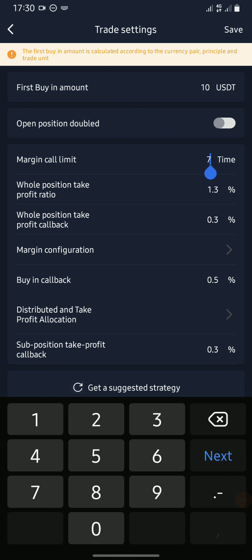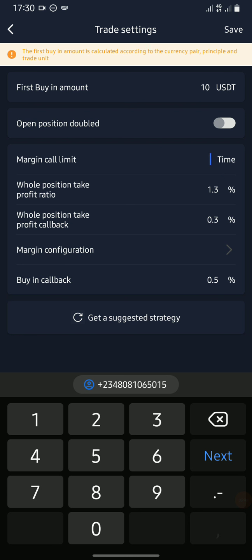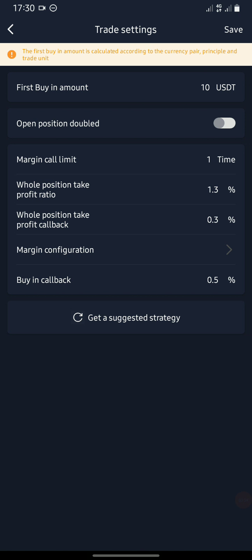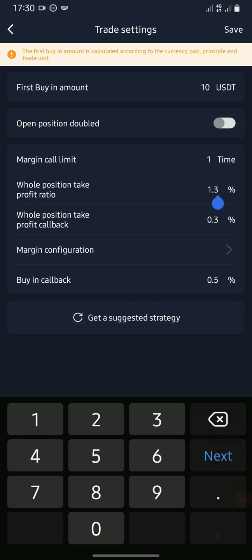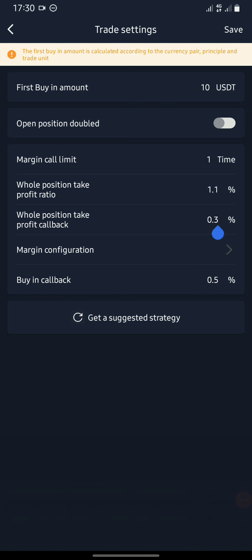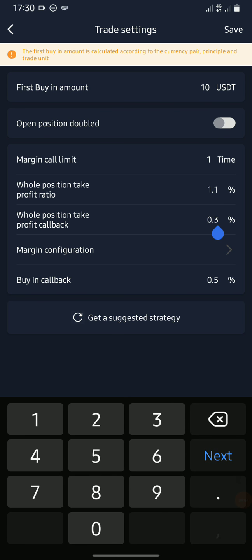You can only put something here, one margin call, and for me, I love to take profits at the minimal, so I'll change that to 1.1 and this to 0.1. That is for me anyway.